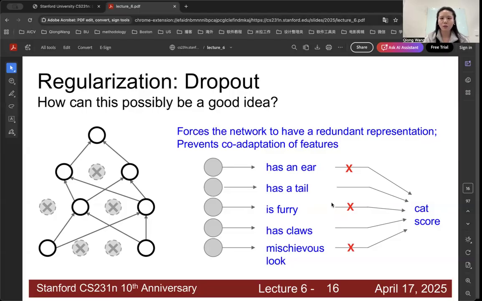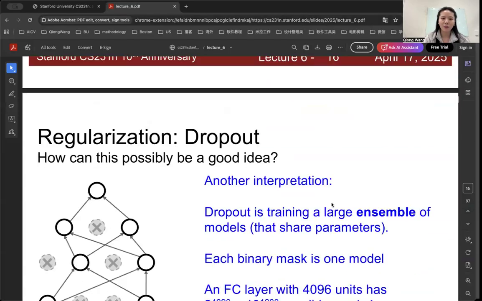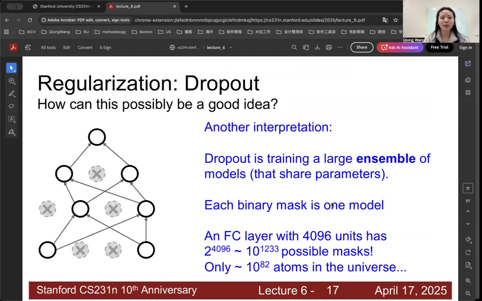We use this way to make the network generalize better. Another benefit of dropout is that it makes the model more efficient. We only train some of the nodes, not all of them, so it needs less computation.